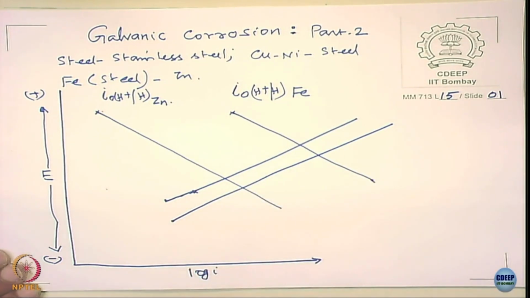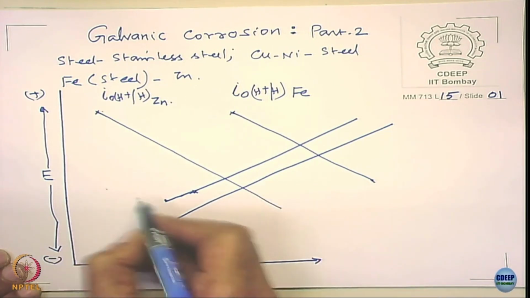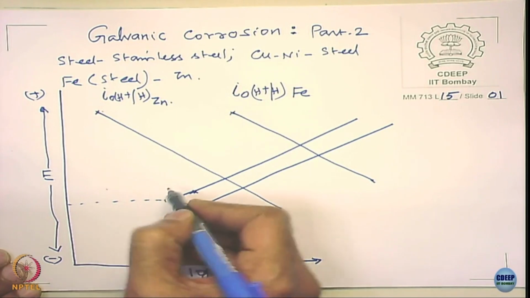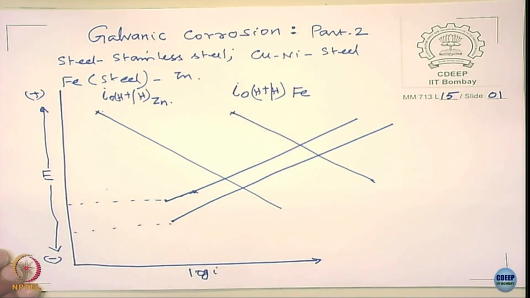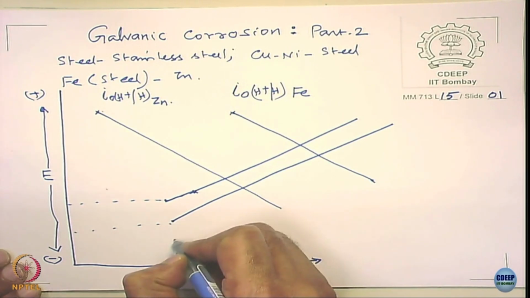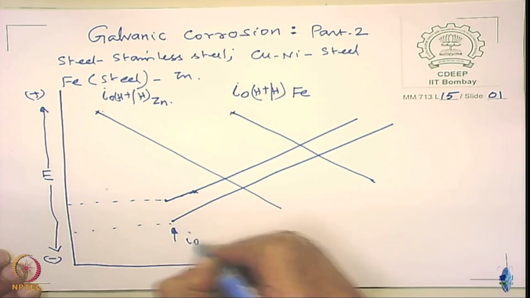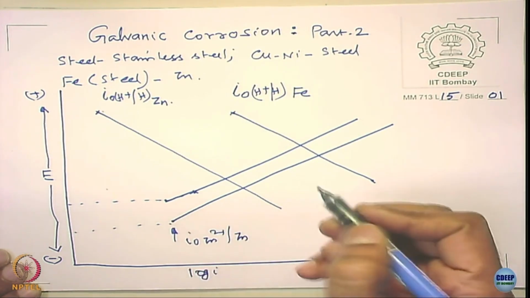I've just drawn a kind of representative diagram. Which one corresponds to zinc? Which is the one corresponding to iron? The low one corresponds to zinc, right? That is i_0 for Zn2+/Zn.